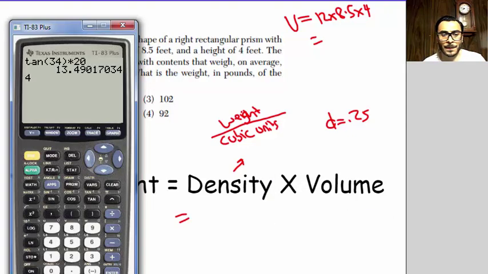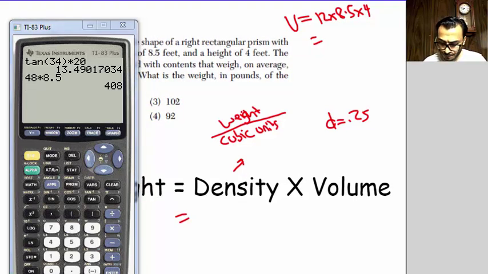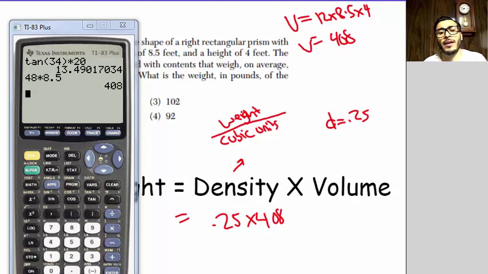So we get 48 times 8.5. I'll just do that on the calculator. That is 408. So then that's the volume. That's the density, so then we have to do 0.25 times 408, and we're going to get our answer. 0.25 times 408 is 102.